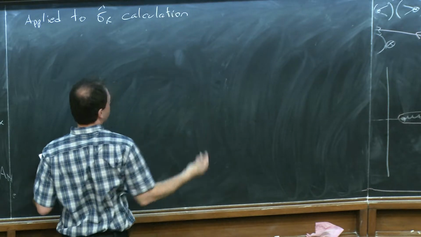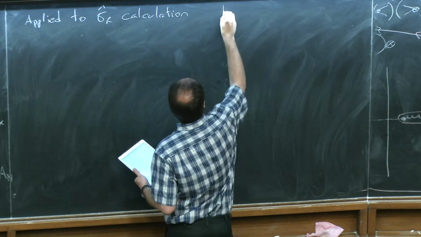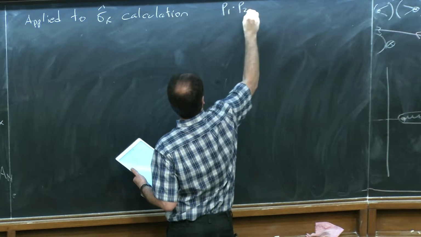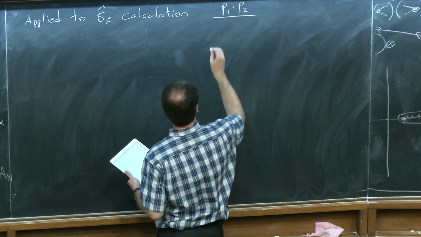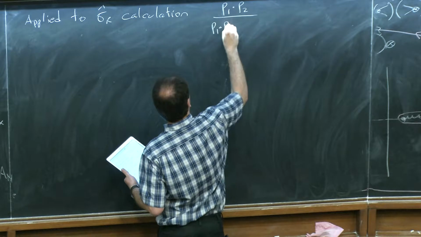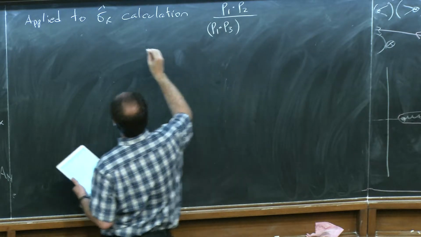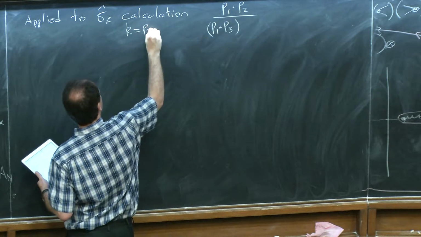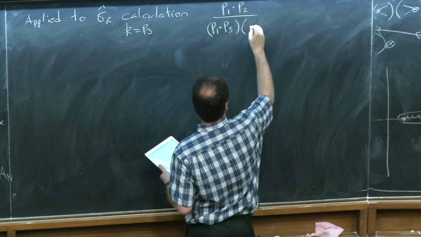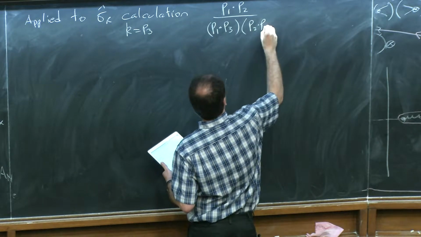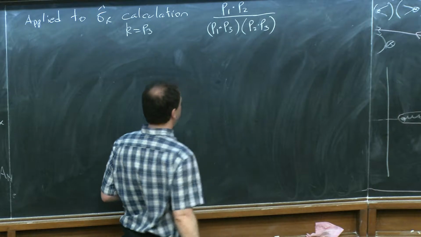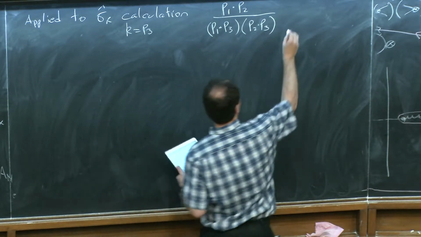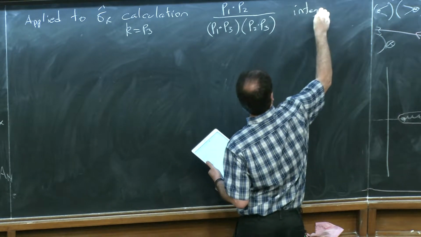The first thing we'd do is go through the amplitude and figure out what the amplitude would be, and it would give this form P1.P2, and then P3 was the gluon, so here K is P3. We'd have linear propagators like this. That would be the amplitude that we'd integrate. So this is the integrand.